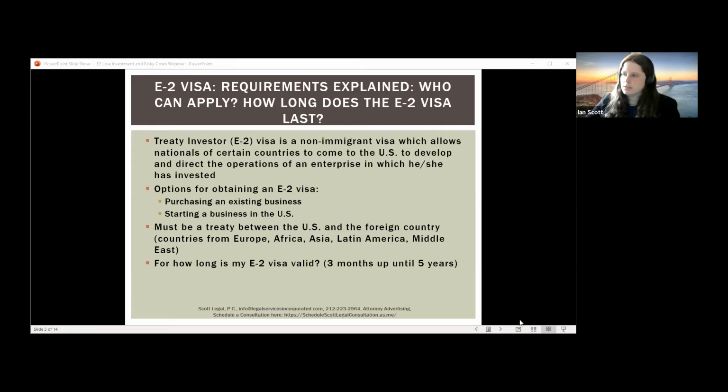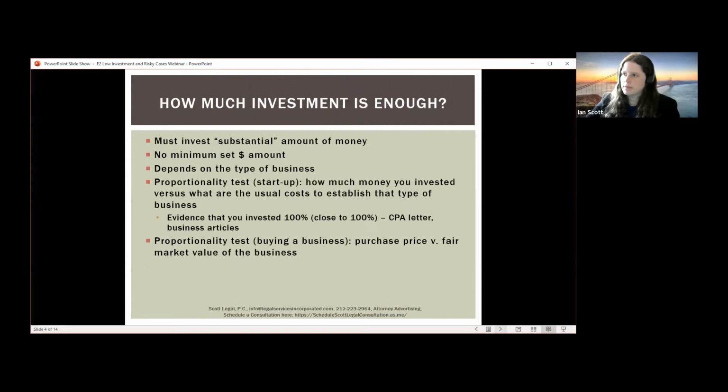So let's look at how much investment is enough. There is no set minimum amount, but the amount must be substantial in light of the type of business you're starting. For example, a service-based business like a consulting firm or a law firm is going to have a lower startup cost than perhaps a car manufacturer or a restaurant, where there are large fixed costs to get things set up.